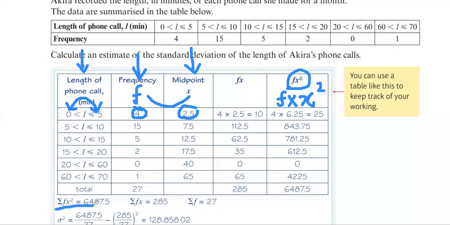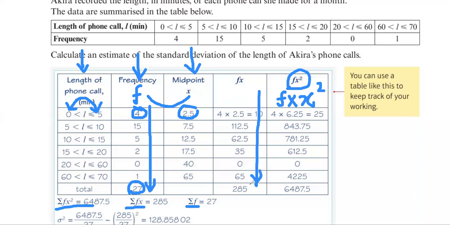After that, you have to find these three. Sigma f means sum of the frequency column. Okay, total of the frequency equals 27. Therefore, sigma f equals 27. Also, you have to find sigma fx.